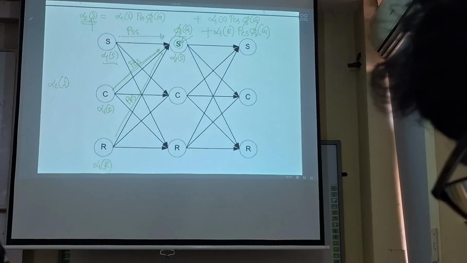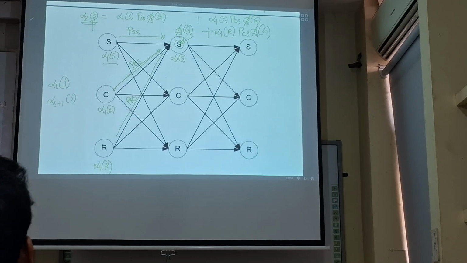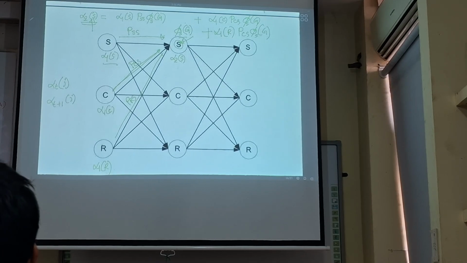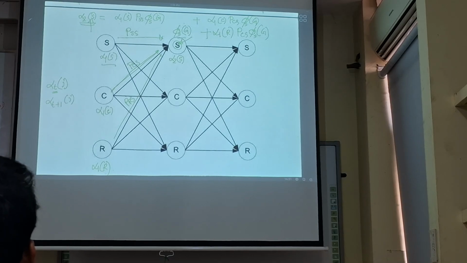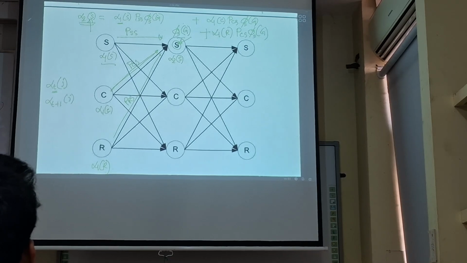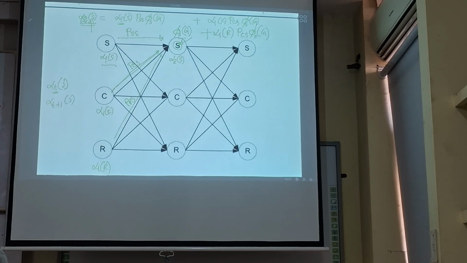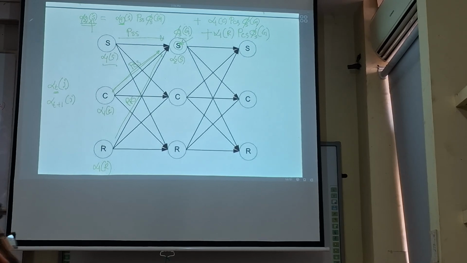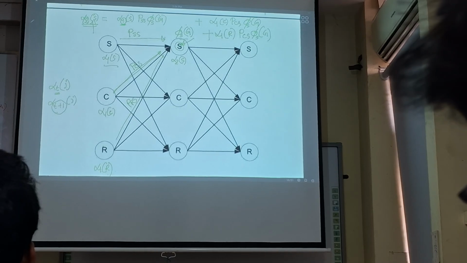Or we can write it as alpha t plus 1. Just this is a choice of the use of variables. When you have this one alpha t, then this one will be t minus 1. When it was 2, then it was 1. If you consider alpha t, this one will be alpha t minus 1. When this will be alpha t plus 1, this one will be alpha t.